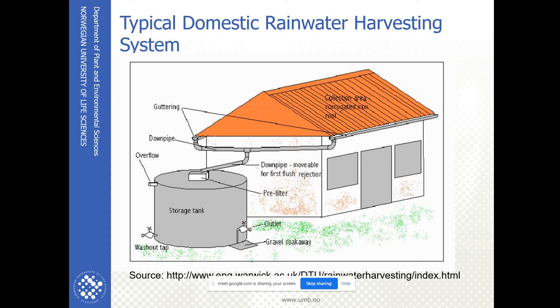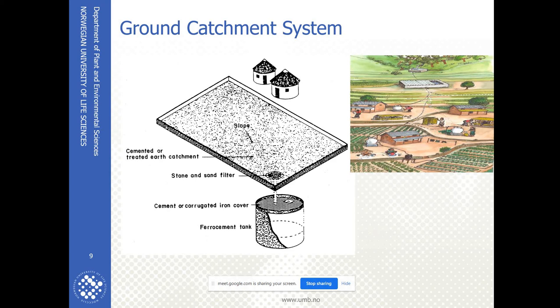Size of storage tank: demand size approach. A very simple method is used to calculate the largest storage requirement based on the consumption rate and occupancy of the building. Consumption per capita per day is 20 liters, number of people per household is 6, and longest average dry period is 25 days.